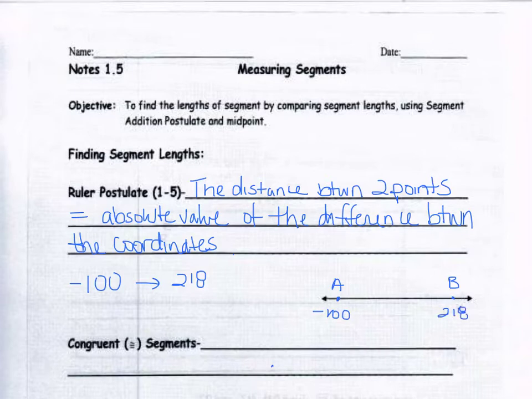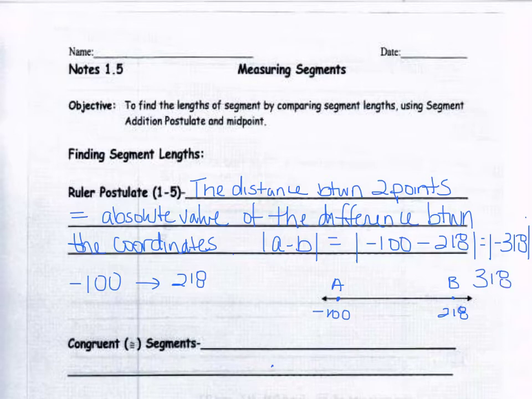Well, instead of counting, all it is is the absolute value of A minus B. So do that. Negative 100 minus 218 gives me the absolute value of negative 318, which essentially is just 318. So it's 318 spaces between A and B.